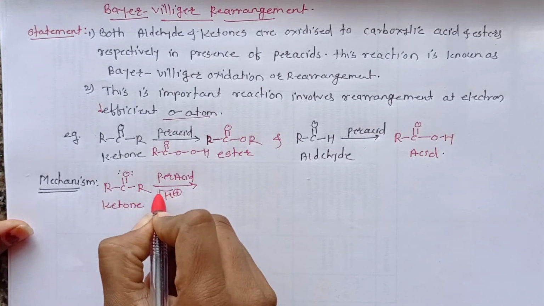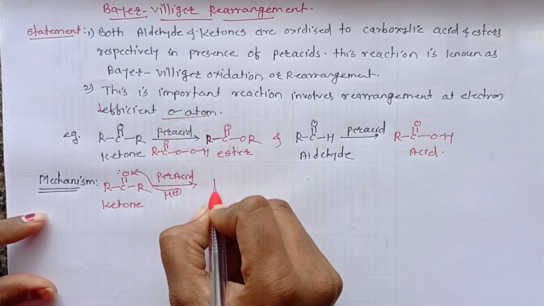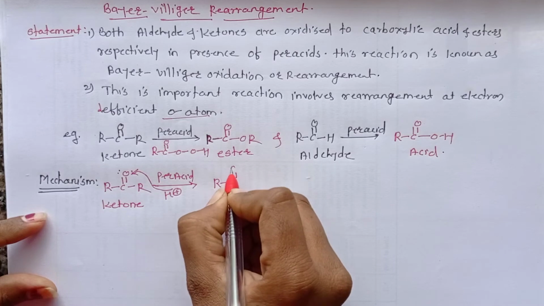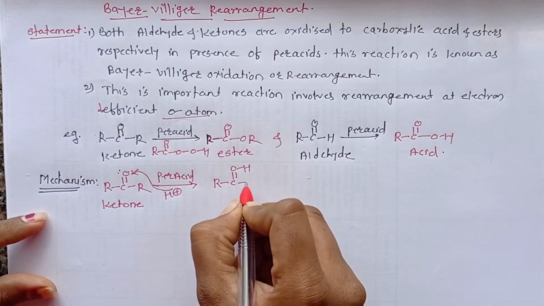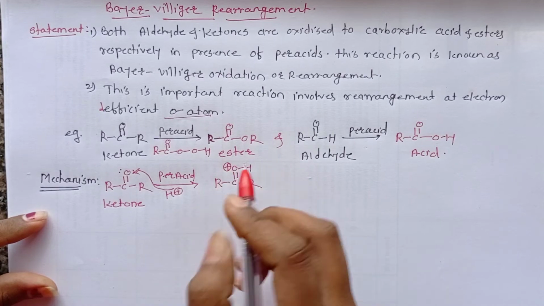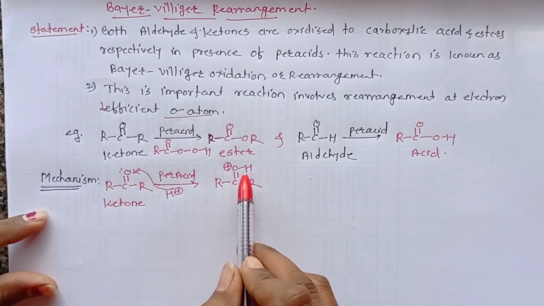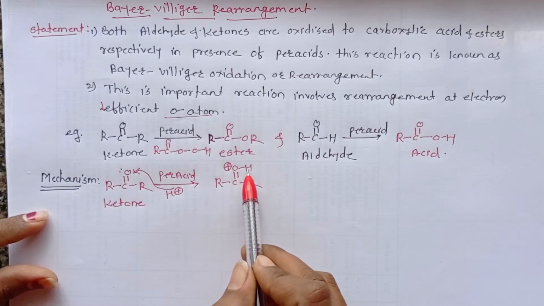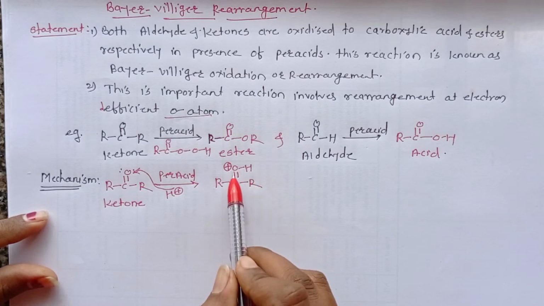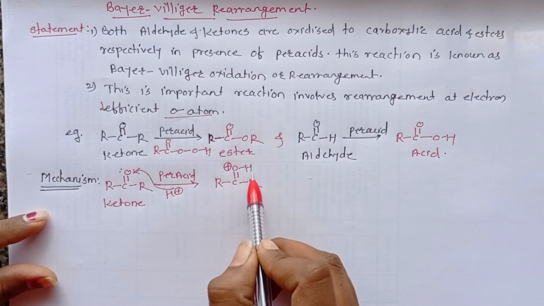So this H plus can attack on this oxygen, formation of R C double bond O H and R. So here this oxygen carries positive charge because these bonding electrons are used for the addition of this hydrogen. Then here the valency of oxygen atom increases and formation of the OH plus.